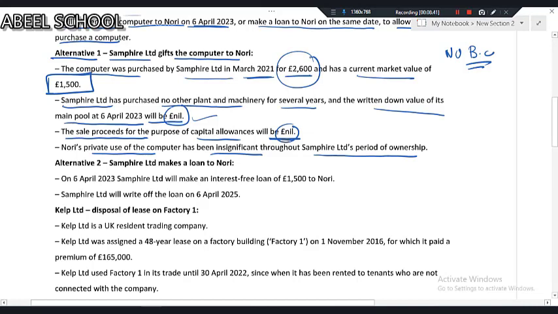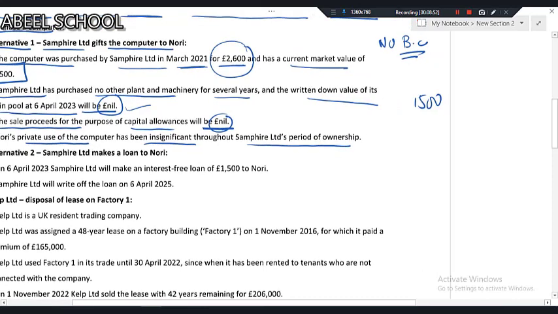It is a taxable benefit for Noori, and it is a non-cash benefit. On this non-cash benefit of 1500, the employer, which is the company, will have to pay class 1A NIC. Class 1A NIC at 13.8% is applicable, so the liability is going to be 207.